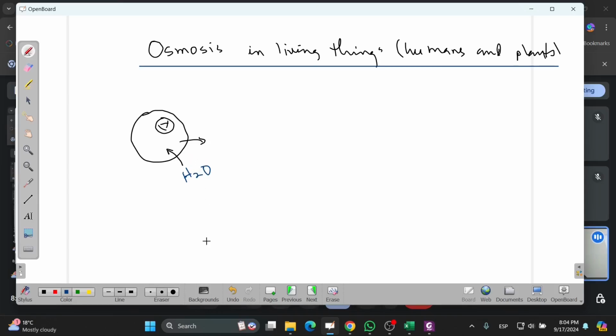Let's say when you are dehydrated, guys, when you are dehydrated because you are not drinking enough water or none, right? You are not drinking any water. The blood becomes thicker, becomes more concentrated, more solute concentrated, right?